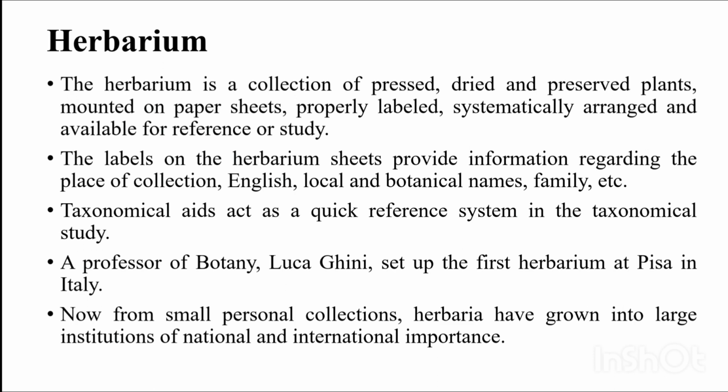Taxonomic aids act as a quick reference system in taxonomical study. A professor of botany, Luca Ghini, set up the first herbarium at Pisa in Italy. Now from small personal collections, herbaria have grown into large institutions of national and international importance.